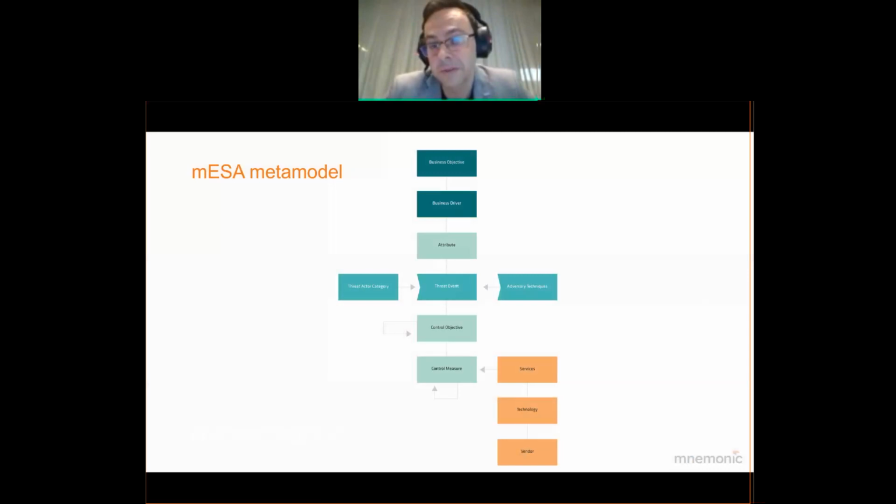As mentioned by Mark before, one of the main goals is to link everything together, to have this traceability so that we can go from top to down. So of course, as a business-oriented framework, we will start with the business objectives. The first step is that you need to understand what your business actually wants to achieve. You need to understand what their goals and objectives are. Once those are identified, you can take those business objectives and go to the next level, the business driver for security, which is the abstraction of those business objectives into something that is relevant for security.